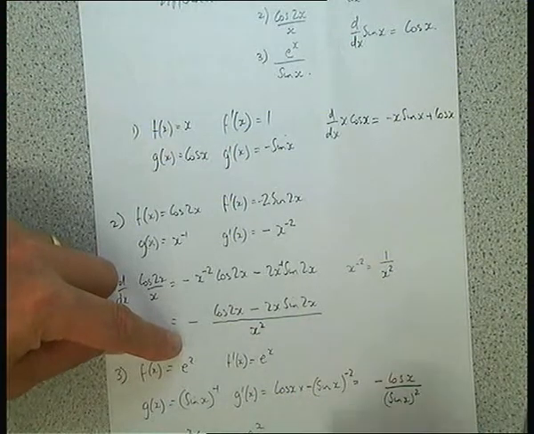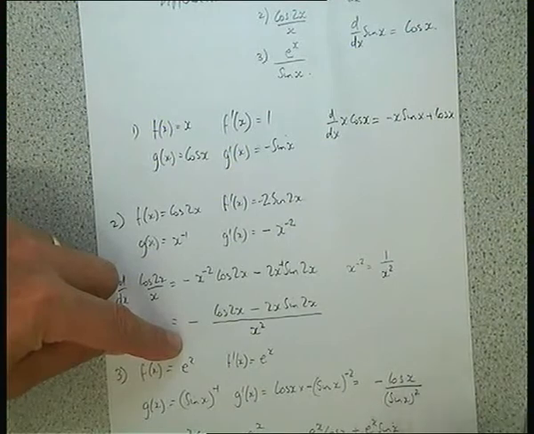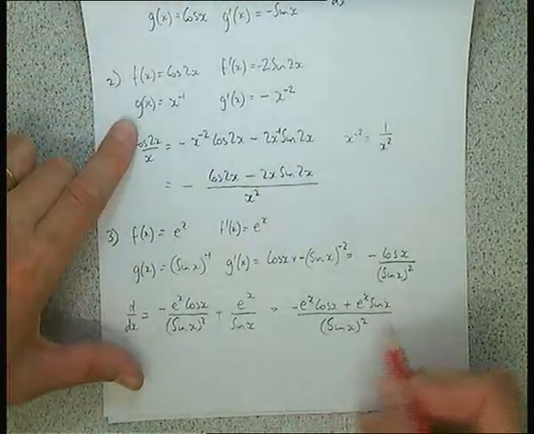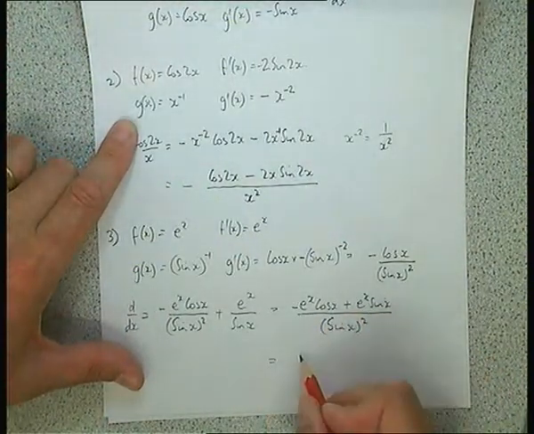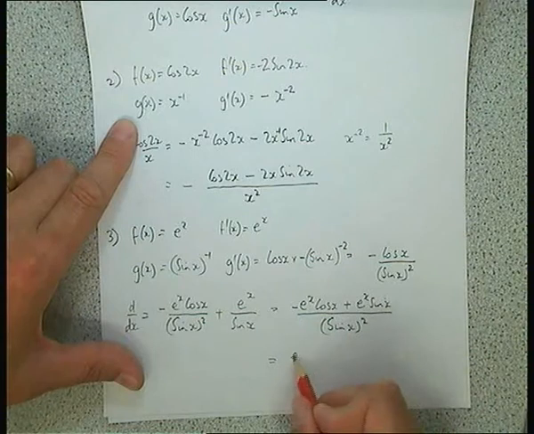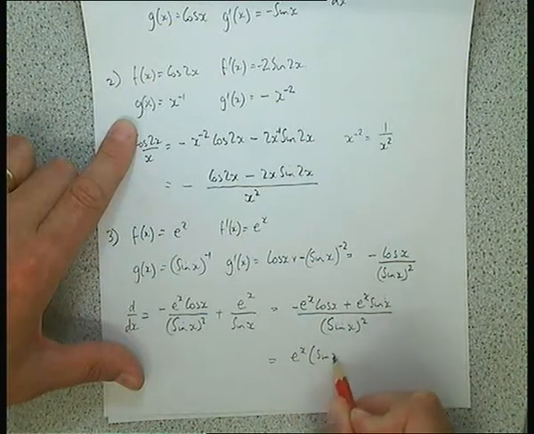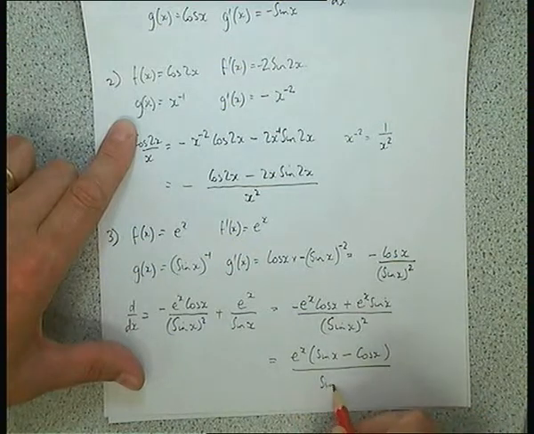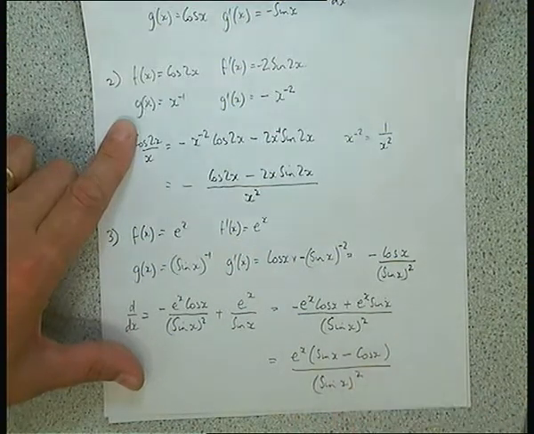I'm going to multiply the top and bottom here by sine x, and that gives me minus e to the x cos x plus e to the x sine x over sine x squared. Okay, and then I can take a factor of e to the x out, and I get e to the x, sine x minus cos x, divided by sine x squared.